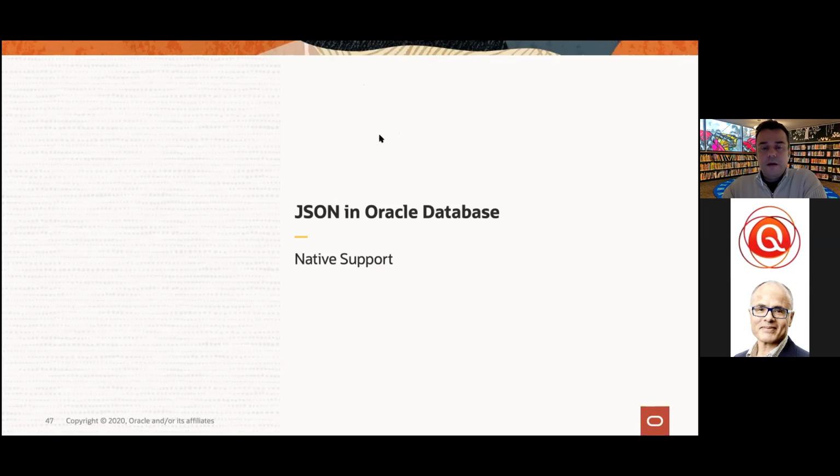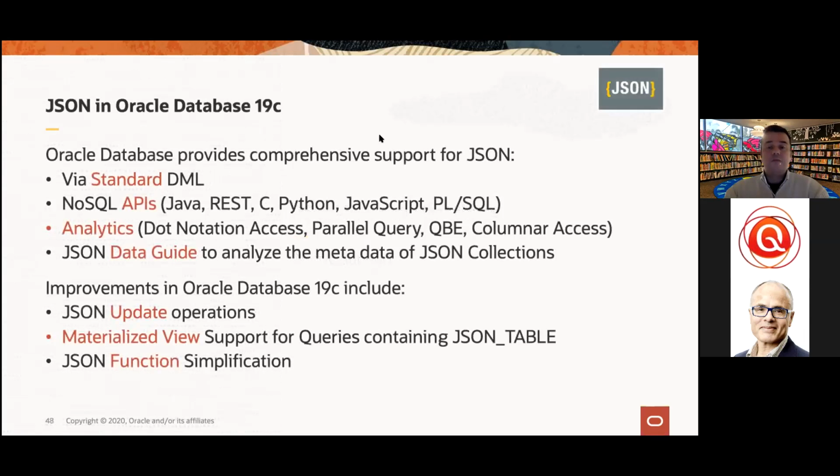So let's see how we process JSON information from the database itself. We can use JSON information in any kind of transaction, like standard DML transactions. We can use APIs. We have multiple APIs available, and they are very similar to the NoSQL APIs, but in Oracle's case, we call them SODA APIs, Simple Oracle Document Access APIs.